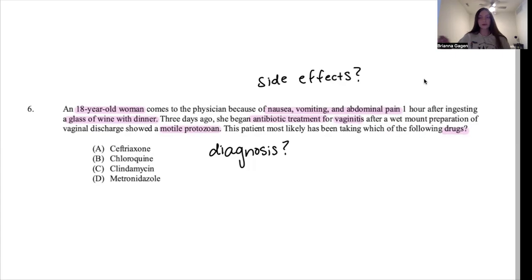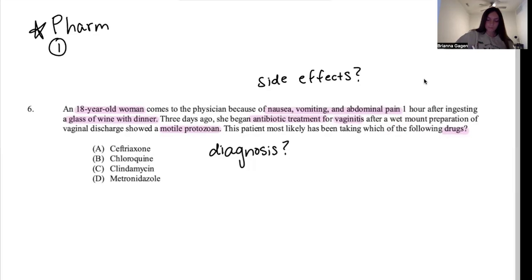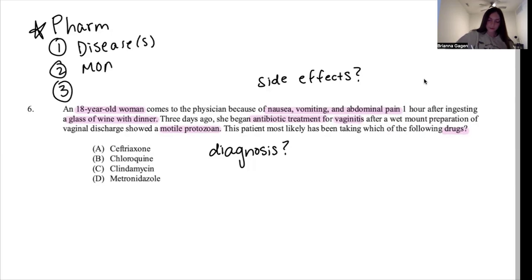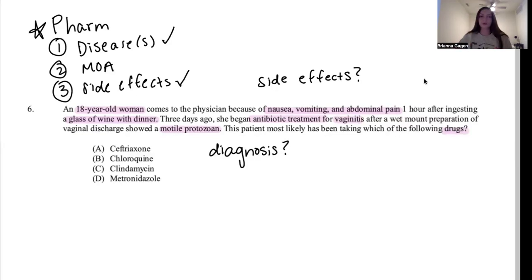I would say the three most important things for pharm are knowing which disease the drug causes, its mechanism of action, and side effects. So here we can go disease and side effects. We can go two different routes for this question.